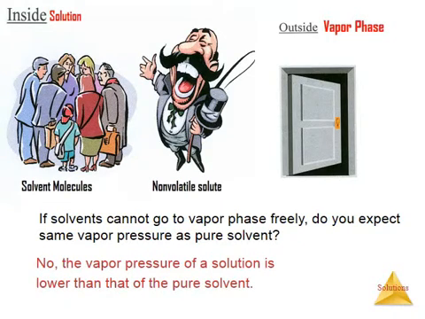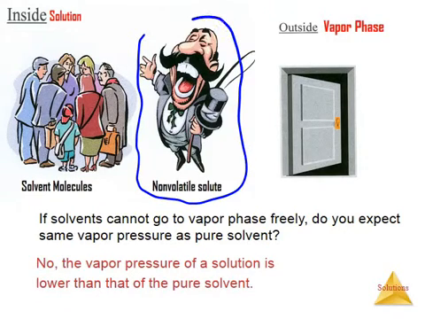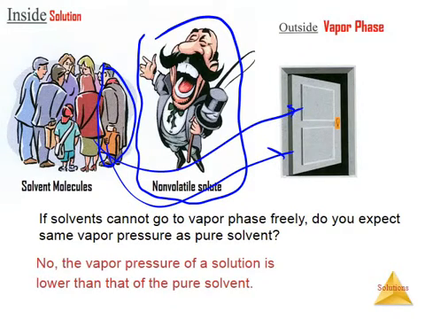In this slide, this big gentleman represents a non-volatile solute, and these small men represent solvent molecules. When there was no such big gentleman present near the door, these small molecules could readily go through the door to the vapor phase, because outside of the door is like a new phase, and in this particular case we'd call it the vapor phase.